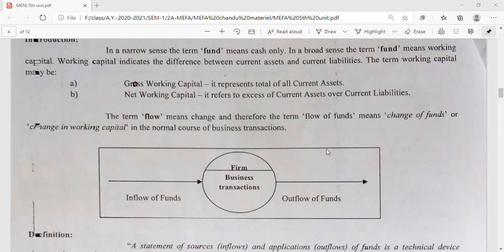So flow means change, right? That means it is changing from one state to another state. This working capital will be changing from one form to another. To run your business, some funds come inside and some funds go outside.